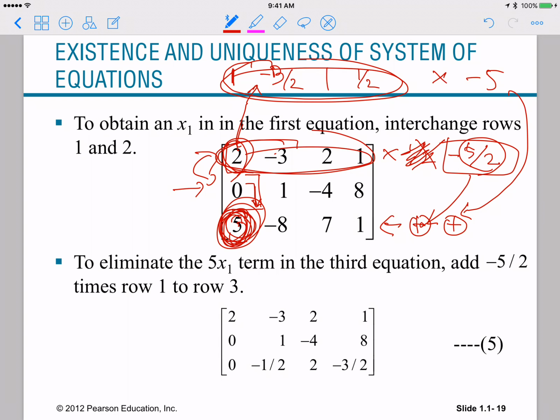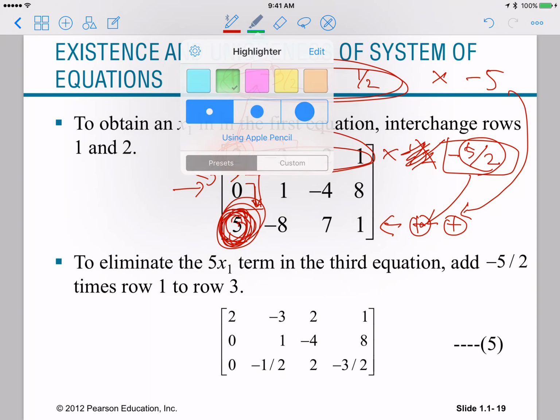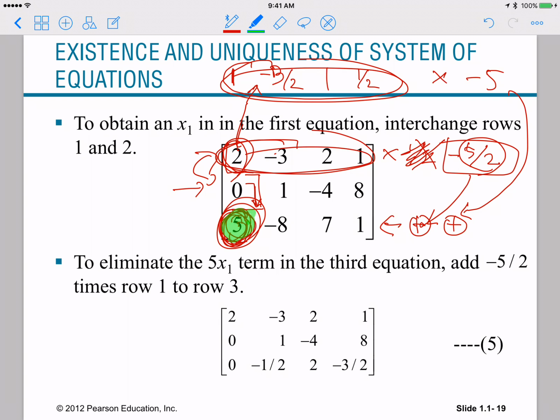We created the zeros here. So we want to make this value 0, right? Because we are creating the staircase. So we created 0 here, and now we have some staircase like this, right?